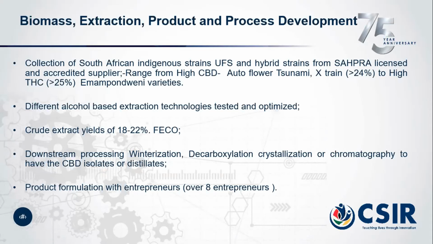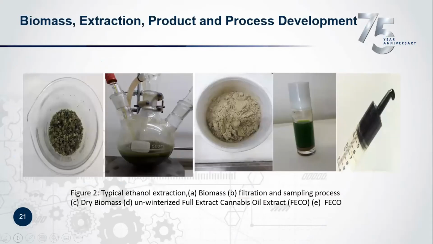Right now we're focusing on product formulation. We're going to put out a call this year to work with some entrepreneurs, see what kind of products they have, depending on where they are on the value chain, and see how we can improve their products to make sure that those products can be sold internationally. Of course, what we'll be looking at is mainly safety, quality, and also efficacy.